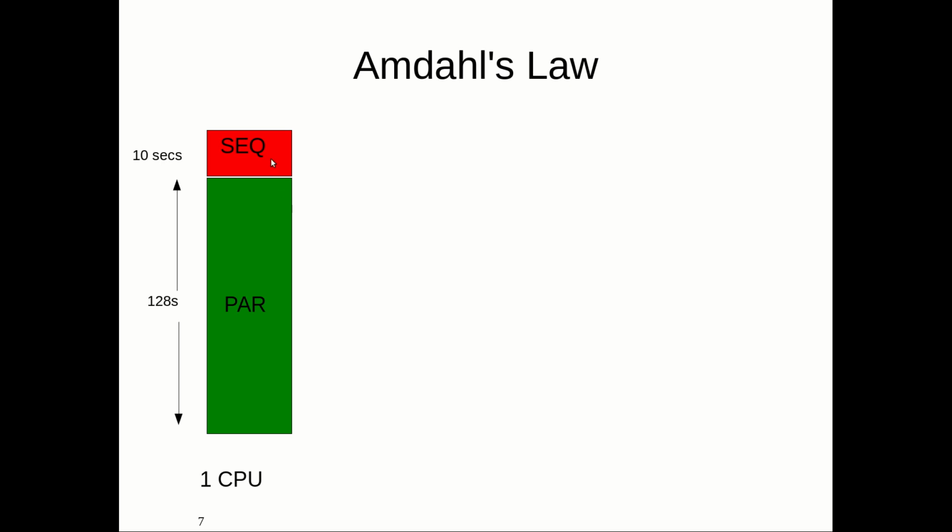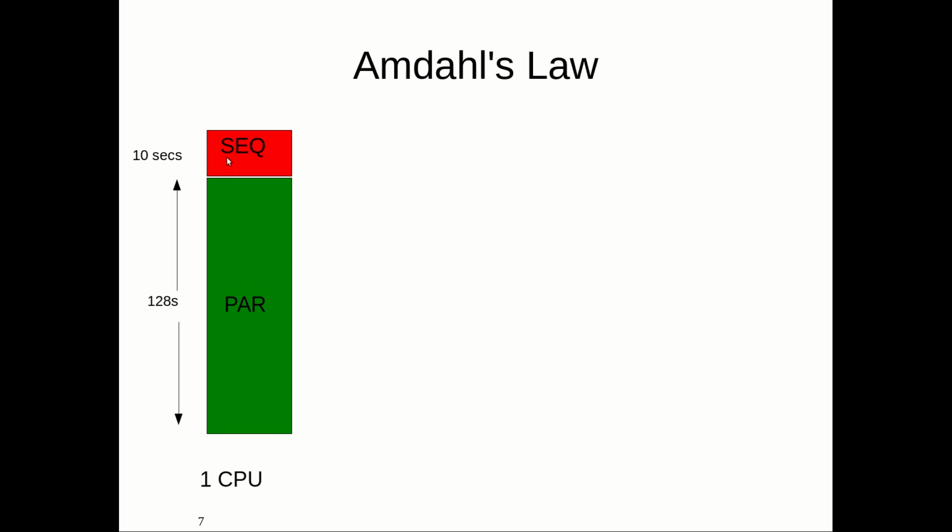Assume that you have a computer program that consists of one sequential part, shown in red because it's kind of bad, it cannot be parallelized, and one parallel part shown in green. You may think of that as a phylogenetic inference program, like RAxML. The sequential part is, for instance, where the alignment is read from file, and the green part is where we actually do parallel likelihood calculations.